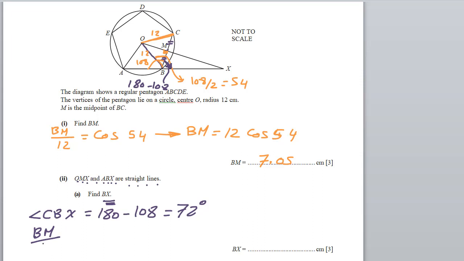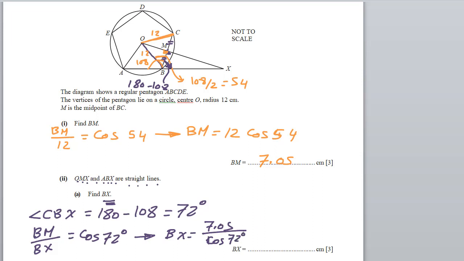Now PM divided by PX is equal to, here this line divided by this one, again this is angle 90, so it's equal to cosine again 72. So now PX is equal to PM, we already calculated from here, 7.05 divided by that cosine 72.